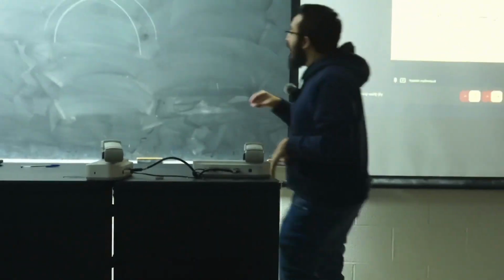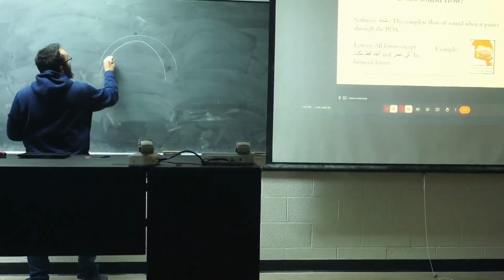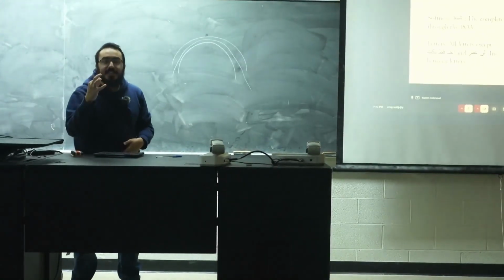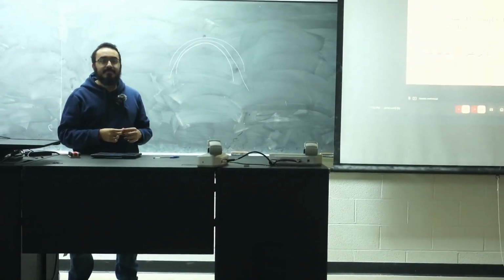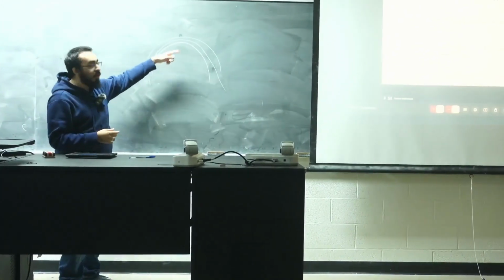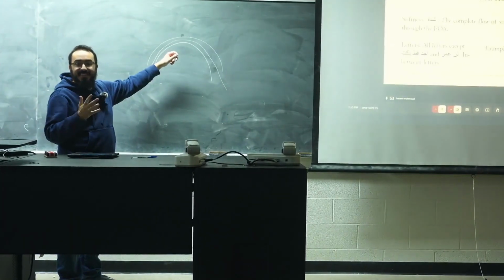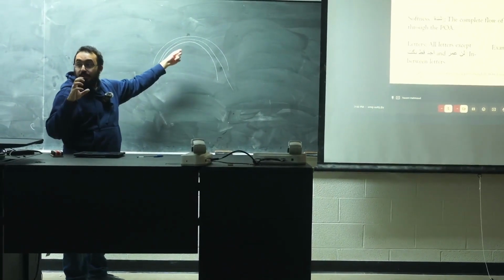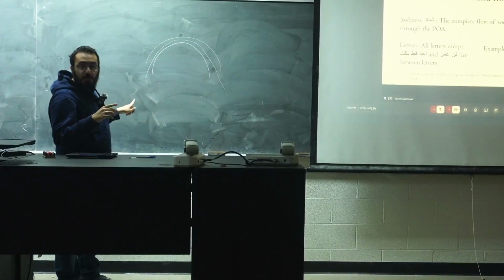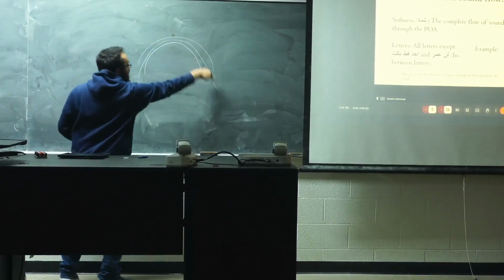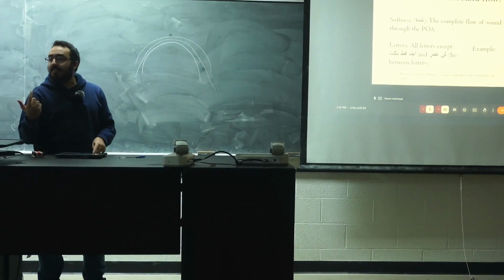Question. If the sound could just go through like this, why does an actual change in sound happen? It doesn't block. Exactly. If the vibrations of the sound from the vocal cords could just go through, why is ya different from a?